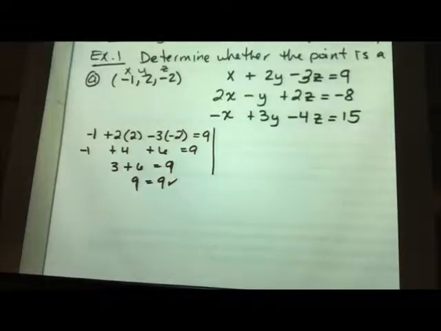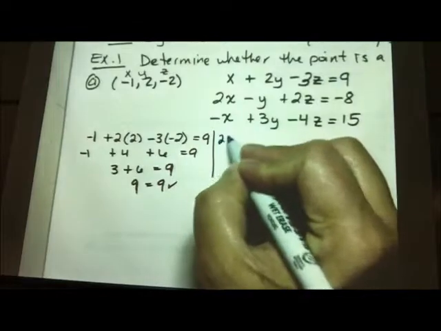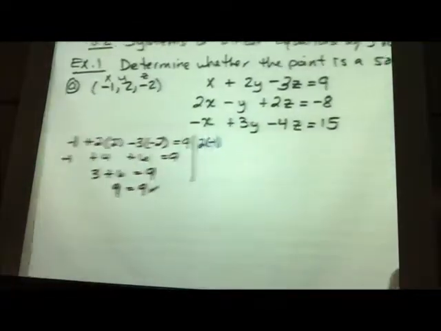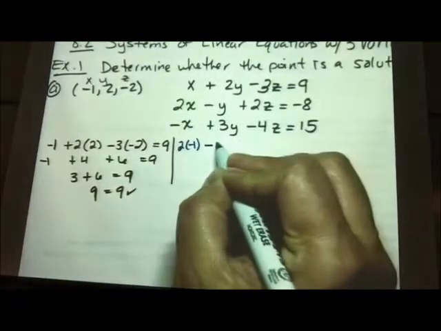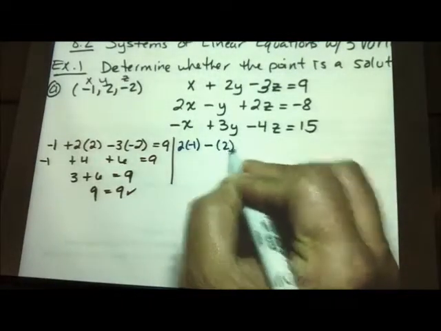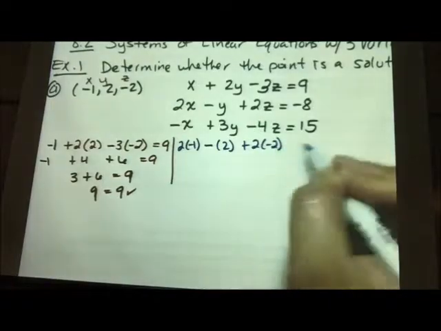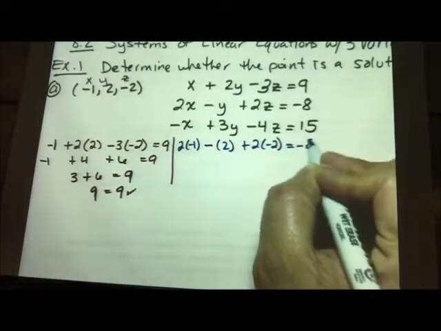Let's try the second one. 2 times x, x is -1, minus y, y is 2, plus 2z, z is -2, equals -8.